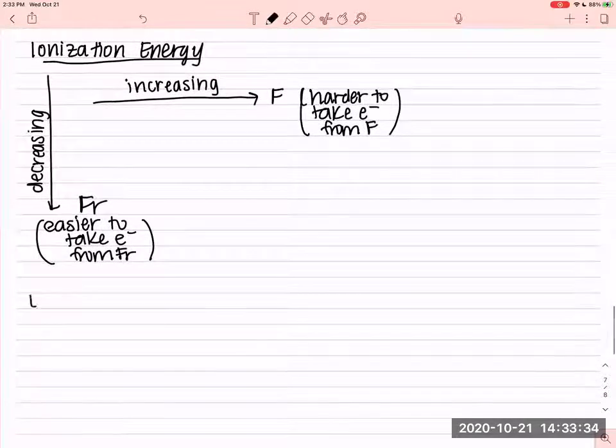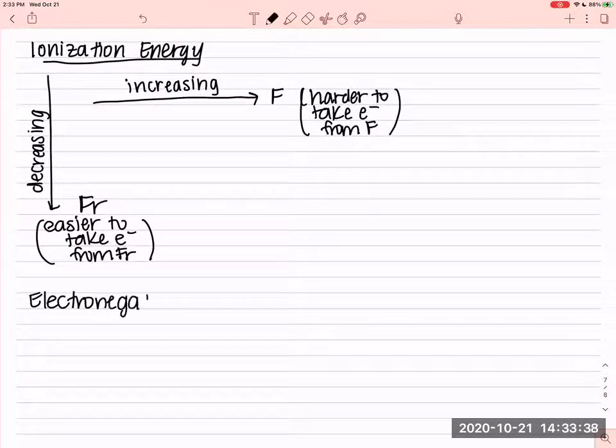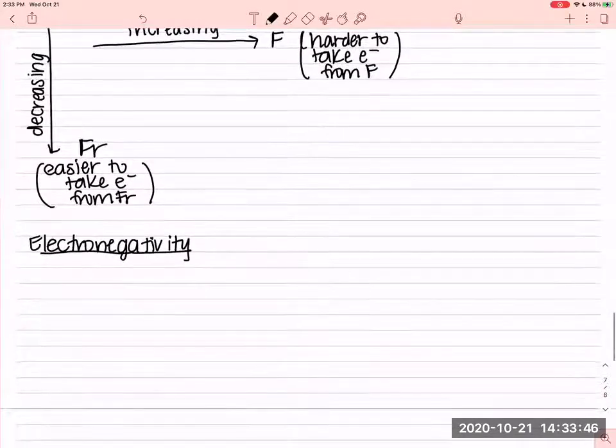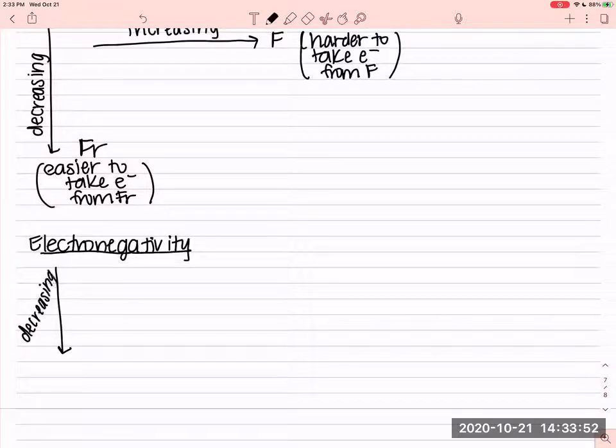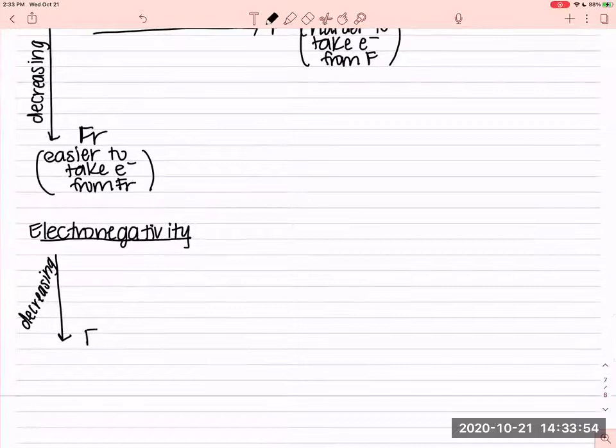And then electronegativity is really based on size. How well you can pull another atom's electrons depends on how small you are. So because francium is so big, it can barely hold its own electrons, let alone pull somebody else's.